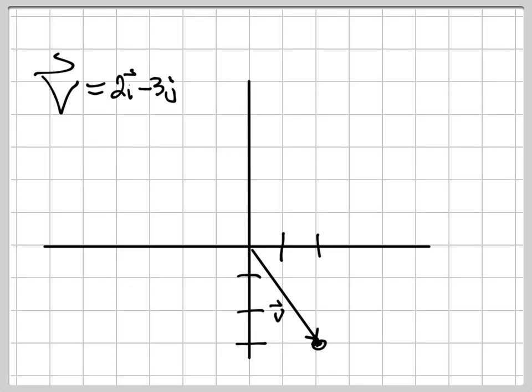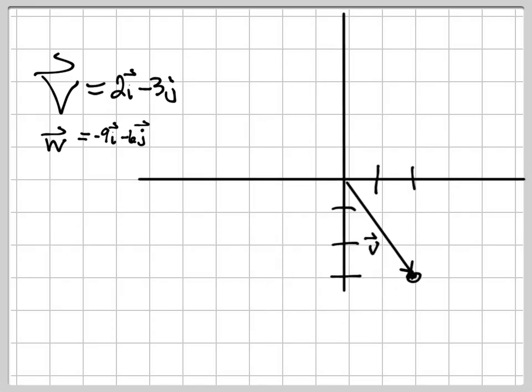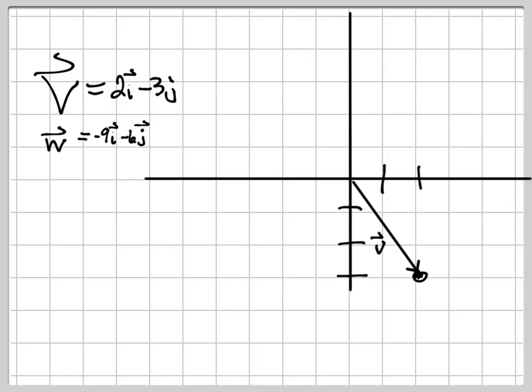So far, so good? Okay, the other vector, vector w, was negative 9i, and minus 6j. I might have to change my scale for this to work. So negative 9i means I need to go to the left 9, correct?